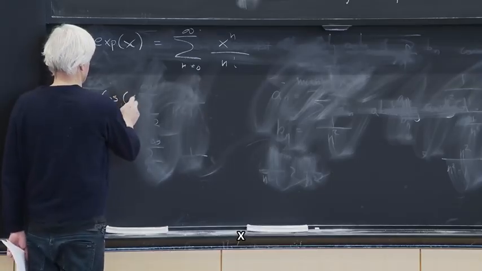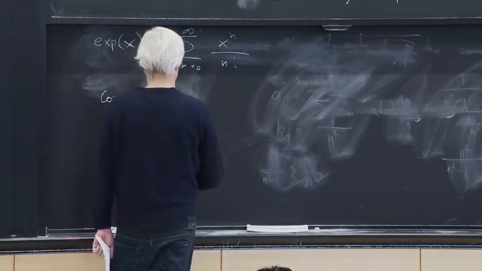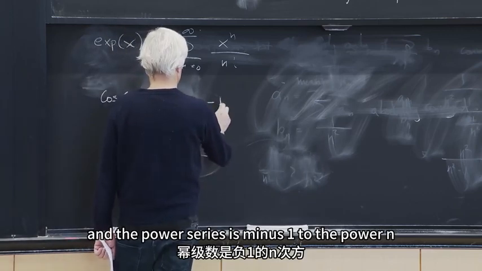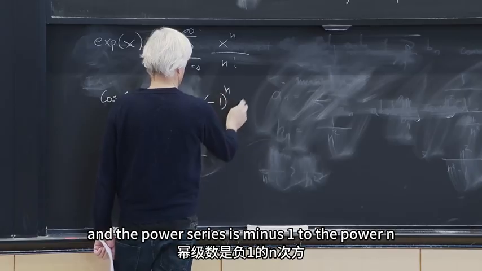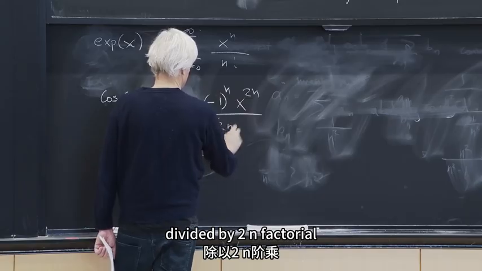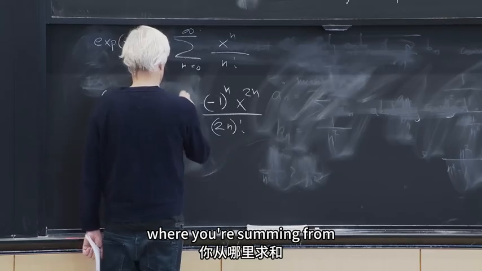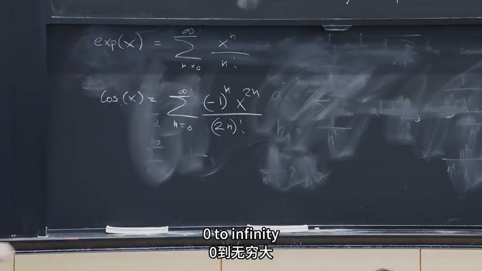So cosine x also has a power series representation. The power series is minus 1 to the power n, x to the power 2n, divided by 2n factorial, where you're summing from 0 to infinity.